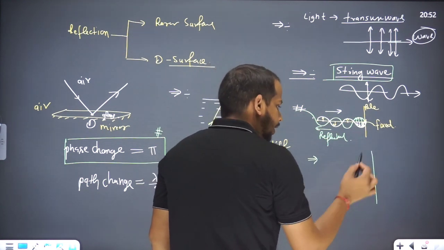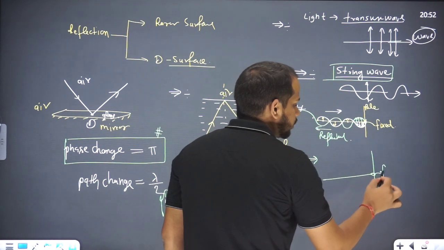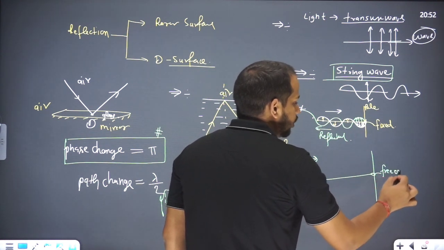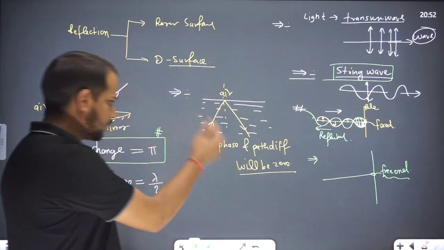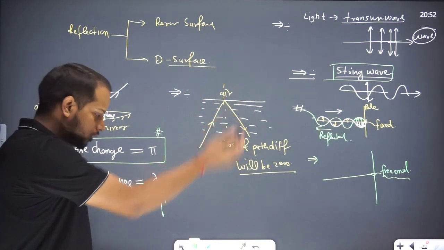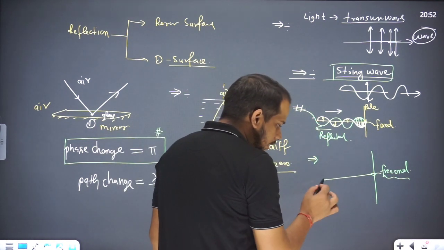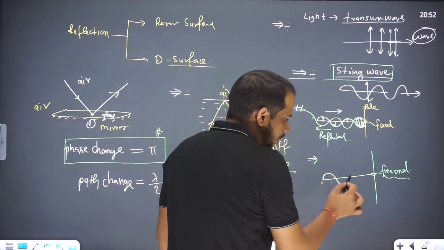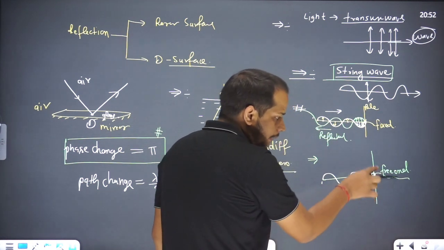The next one, if I am saying this is the string we have, and this is a free end. I am just telling you the basics of this to understand these things, otherwise there is a lot of concept in this. If we are plugging from this side, then the wave starts traveling. But this end is free now, so it can be displaced.